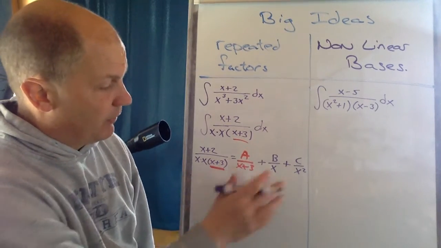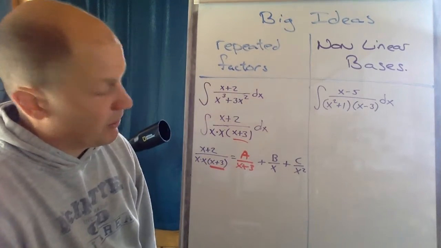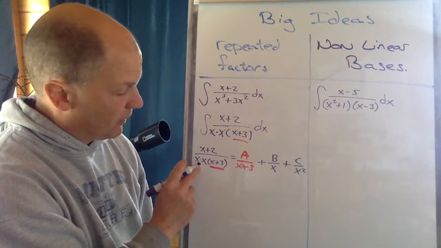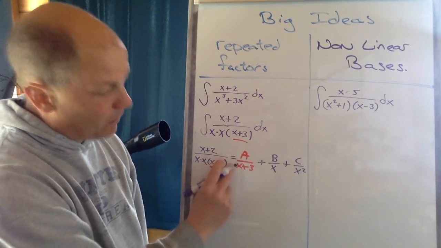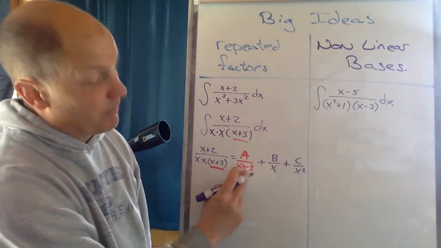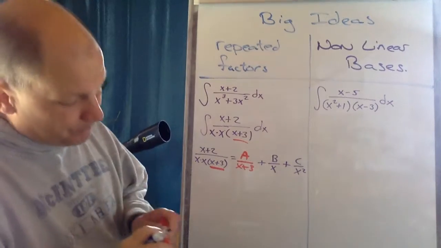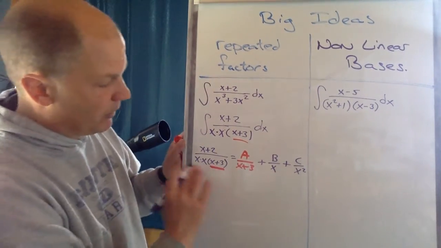And then as you solve it, you need to find the common denominator and do all that out and come back to that x plus 3. But you just need to break it up into the parts. If this is x cubed, we'd have another one at x cubed. If this was x plus 3 squared, we'd have an x plus 3, then we'd have an x plus 3 squared over here with another term. Okay? So that is repeated factors when they're all linear.